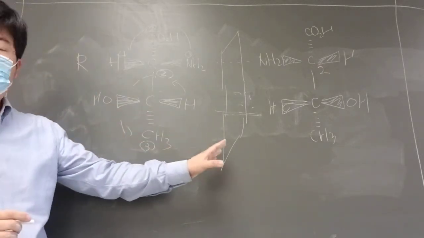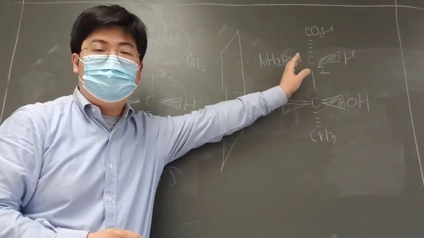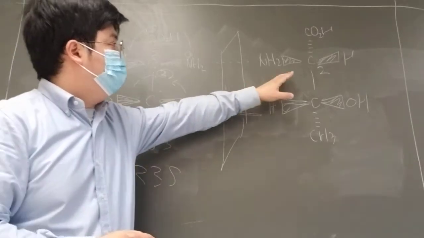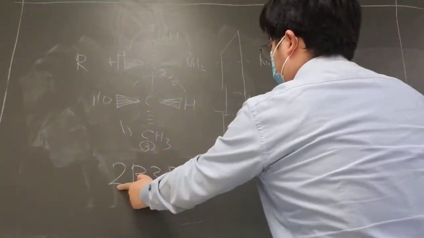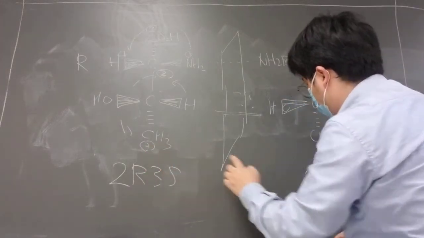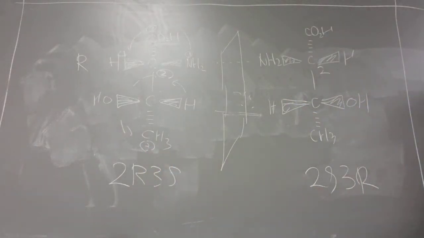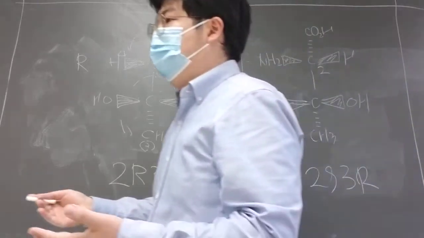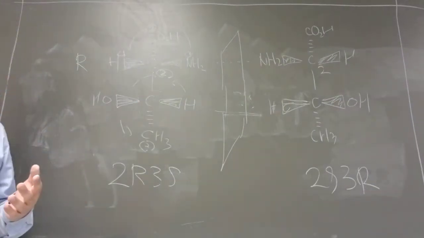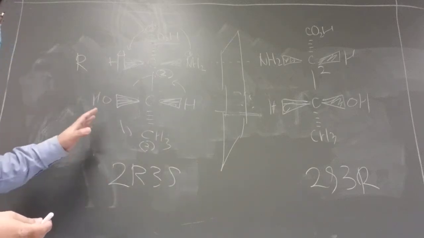But now can you guess what might be the configuration of these two? It will be still the same. Oh no, sorry. So it will be 2R here, it will be 2S, but now it's 3S, so it will be 3R. Perfect.